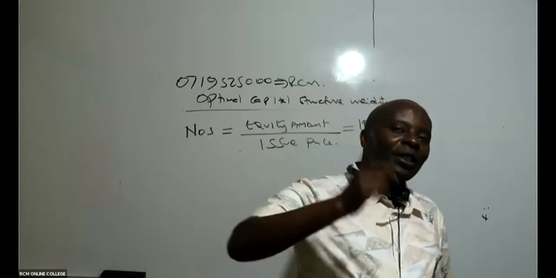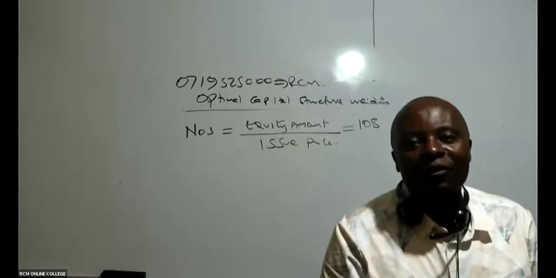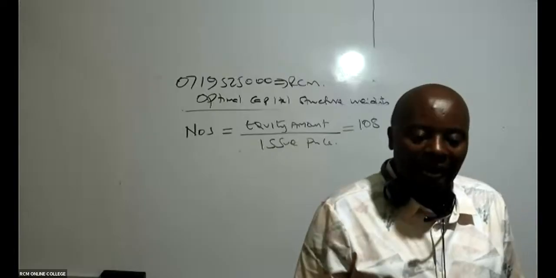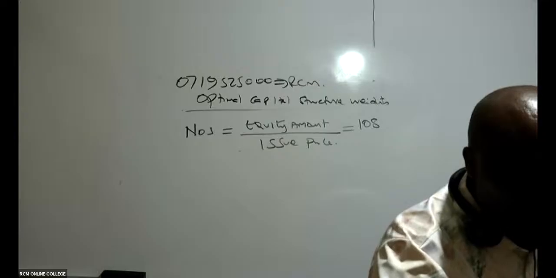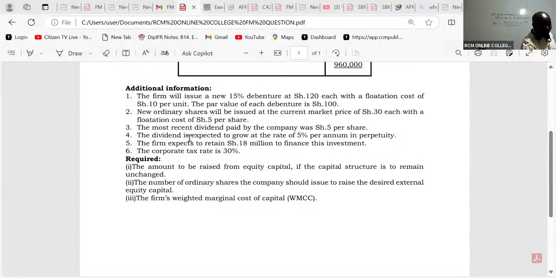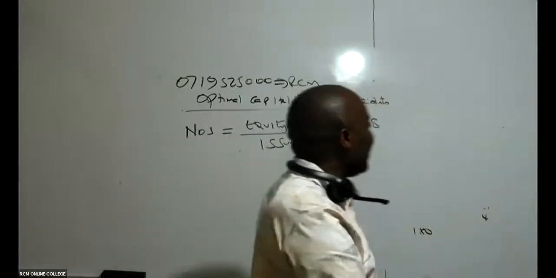But out of this 108, part will be coming from retained earnings. The amount which will come from retained earnings, you are told here: the firm expects to retain 18 million to finance this investment. To finance this investment, we shall retain 18 from our profits.